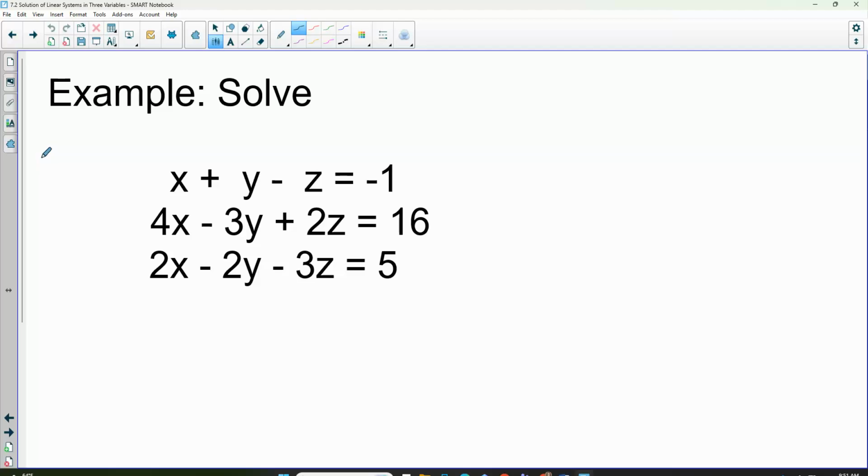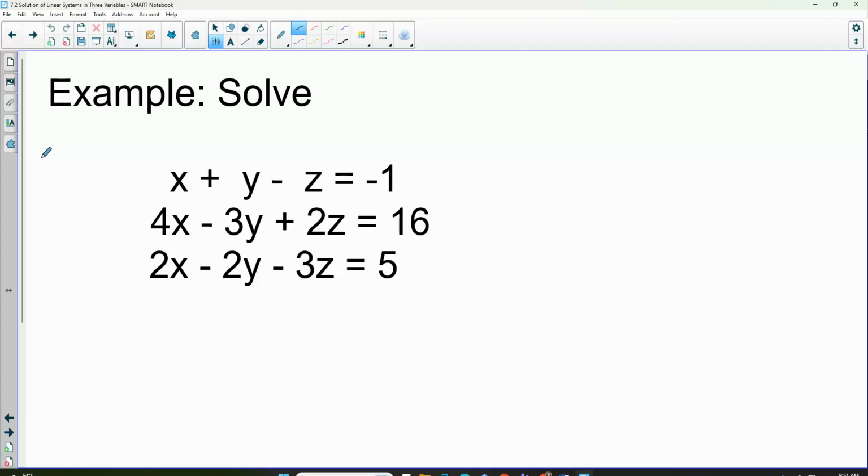Keeping your work neat is going to be very, very important on this. So what we're going to do is take 2 equations at a time, and we're going to eliminate the variable.